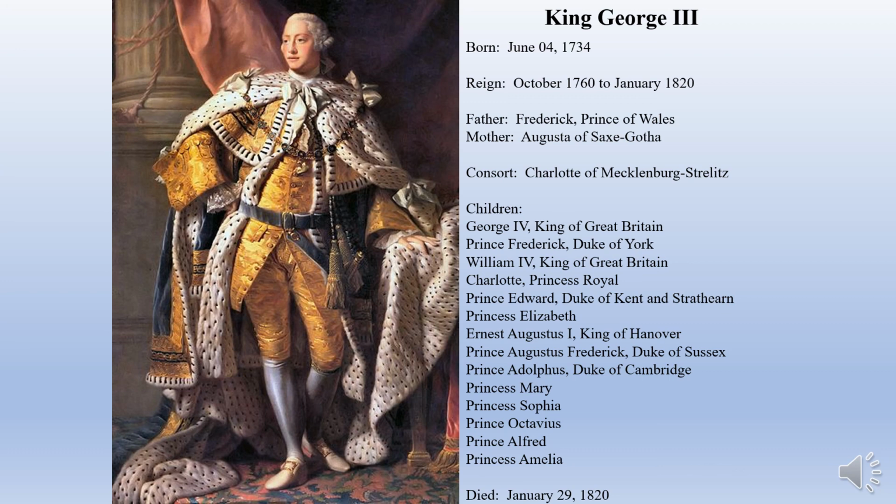Now, don't feel bad for Alexandria of Kent and Strathearn. She will do okay in her own right. As a matter of fact, she has even a TV show about her right now on BBC. Her name was actually Alexandria Victoria.